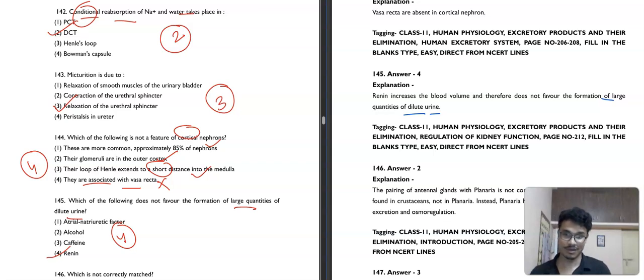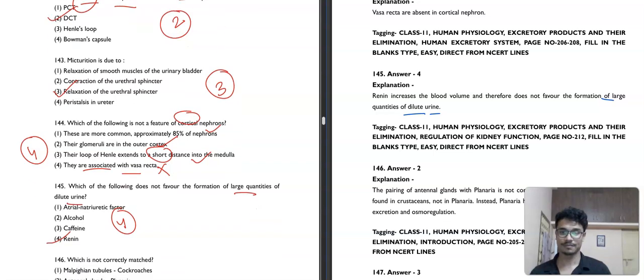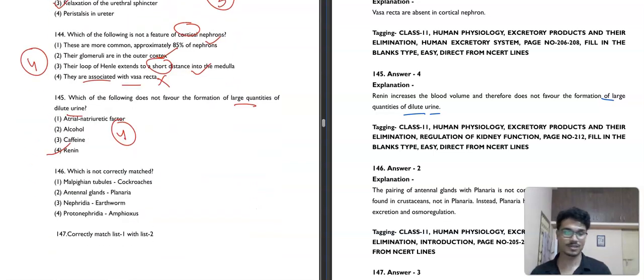One thing I am telling you: if you drink more caffeine, like when you do more study, you need to go to the bathroom more frequently, because more dilute urine will be produced. Next question number 146.